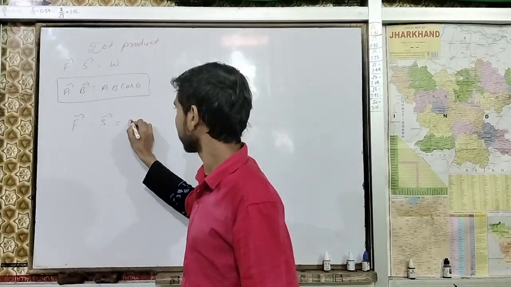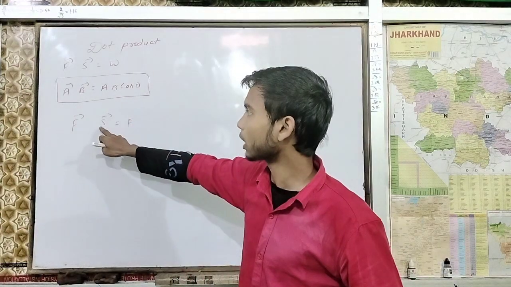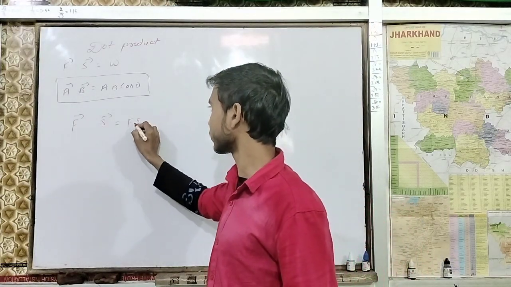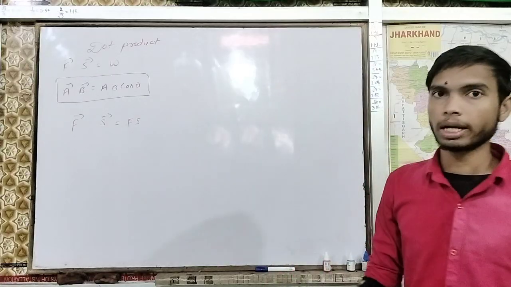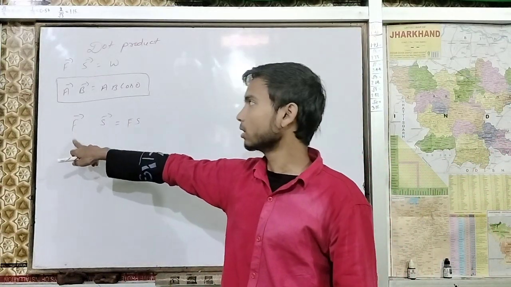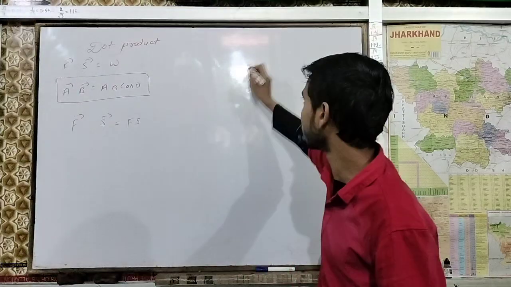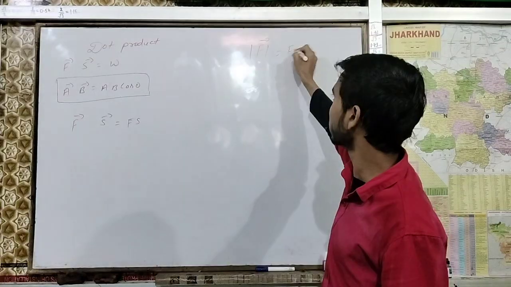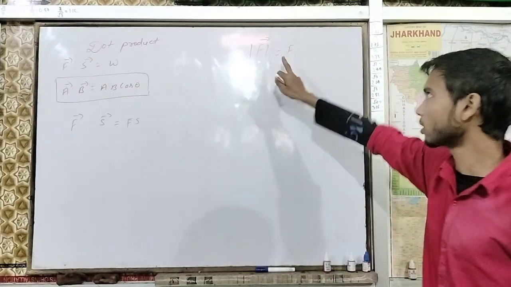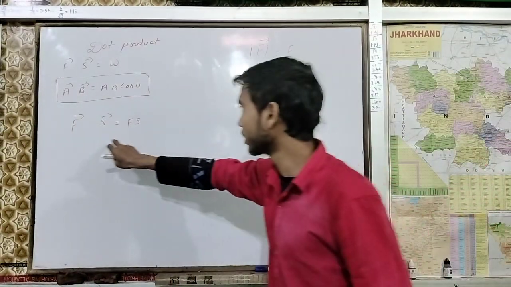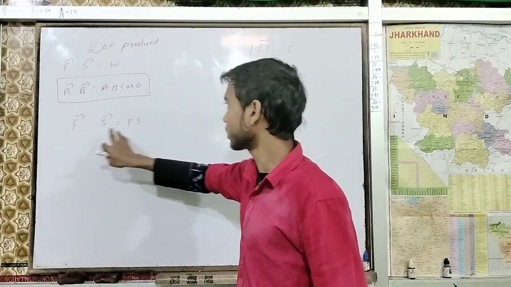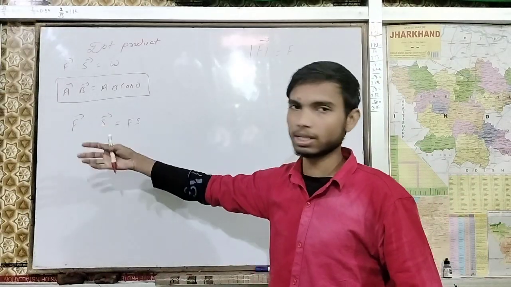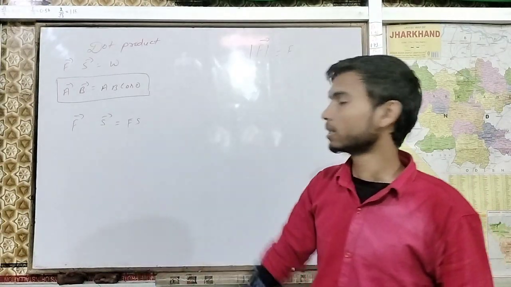F. And the magnitude of this displacement would be what? S. The magnitude of this F would be this F. You know that the mode of this vector will be equal to F. You are familiar with this. Same here, we did. The magnitude of this F vector came out as F, and the magnitude of this S vector came out as S.